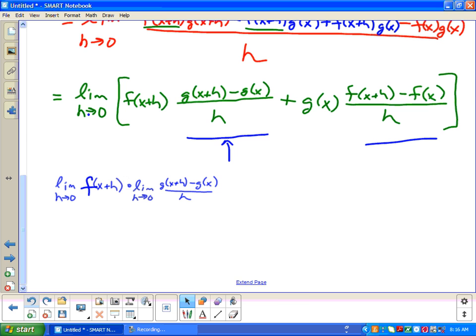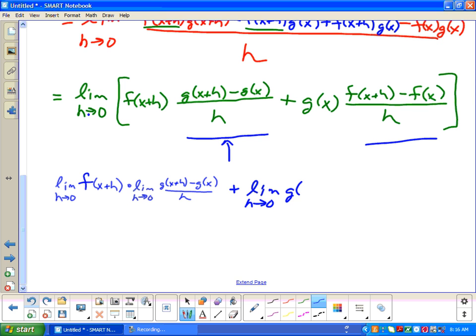So the f there. Good enough. And the next term is plus the limit as h goes to 0 of g of x times the limit as h goes to 0 of f of x plus h minus f of x all over h.